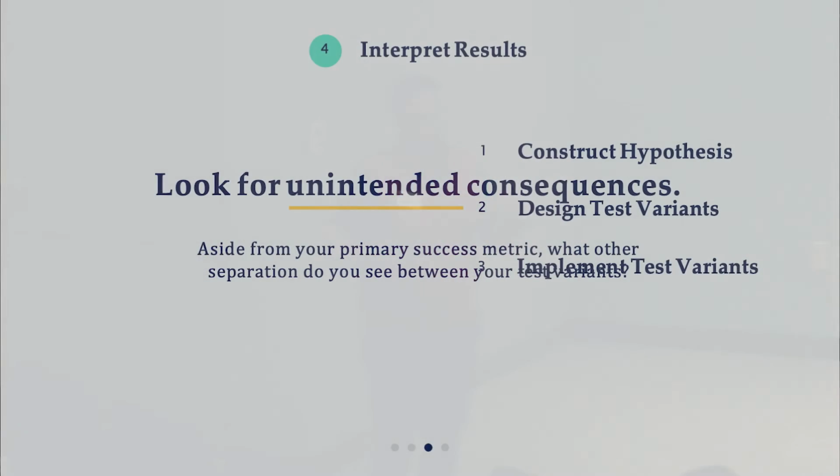Also, look outside of your hypothesis. Are there any things that were, what would it be? I'm going to mess this up. Unknown unknowns? Was there anything that came up in your test that you're seeing in the results that you didn't anticipate? And oftentimes this is adverse or bad behavior.